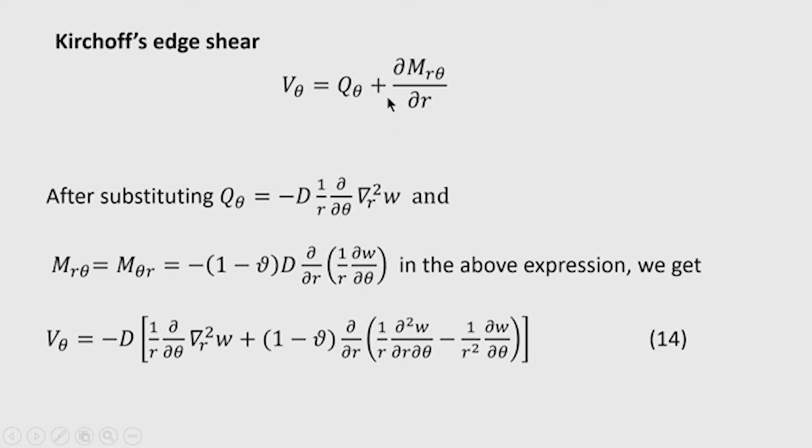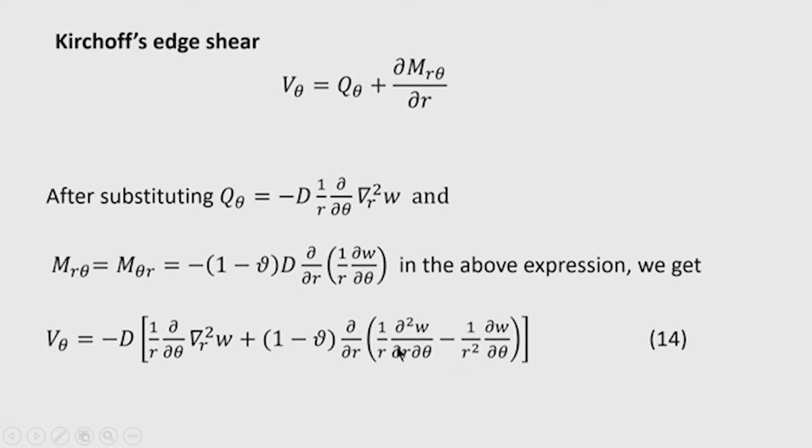Okay, in the above expression we get this quantity after simplification. So, this is a very large equation, and sometimes if the boundary condition is such that we have to impose V theta, then we have to use this equation: minus D 1 upon r del by del theta of the Laplacian of W, plus (1 minus mu) del by del r of the bracket 1 upon r del square W by del r del theta minus 1 upon r square del W by del theta.